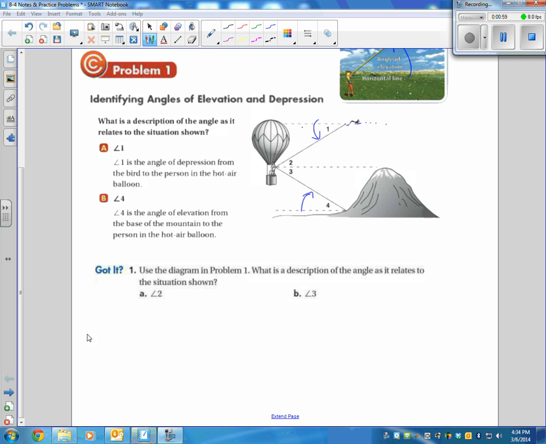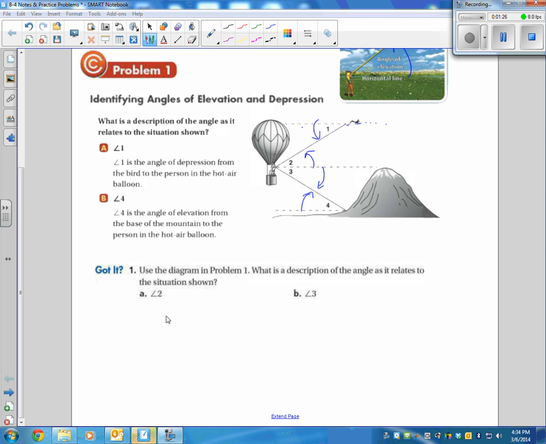So let's look at angle 2 and 3. If we look at angle 2, we notice that angle 2 is from the base of the mountain actually up, is going to be an angle of elevation. But when we look at angle 3, from the base of the mountain down, that's actually an angle of depression. So it all depends on what plane you start from.